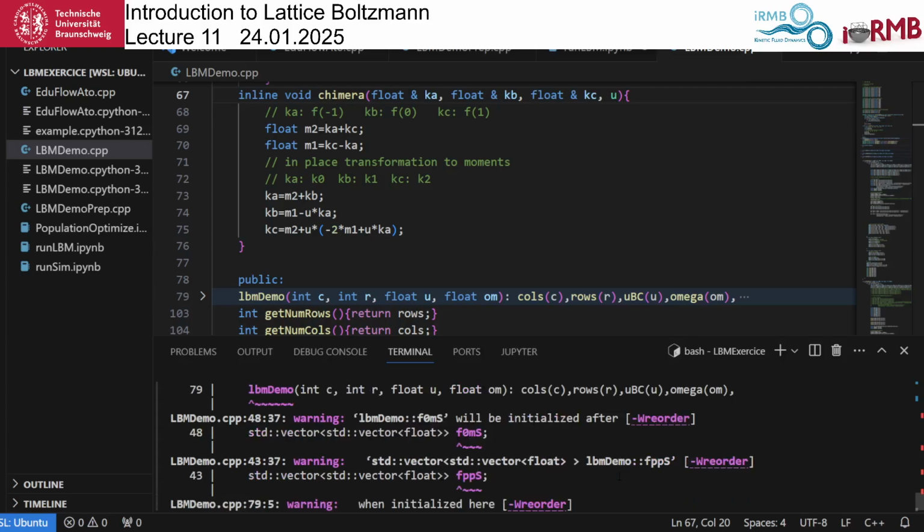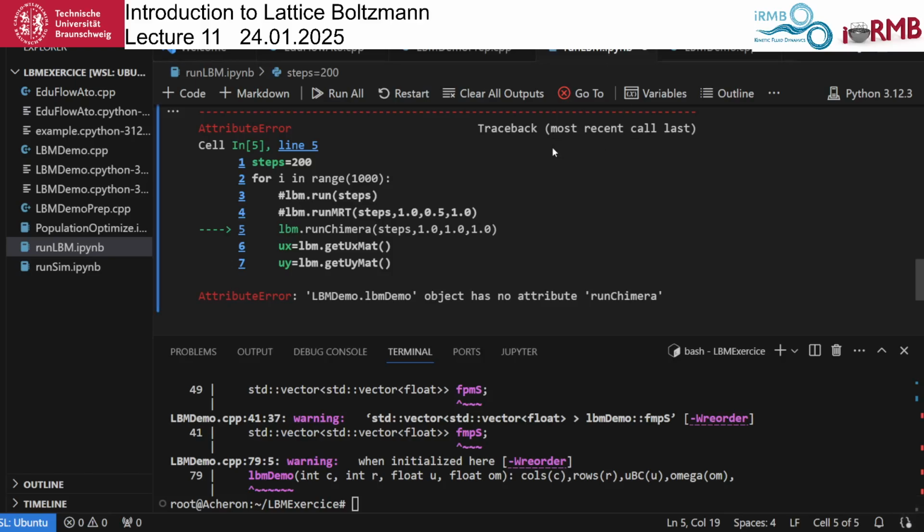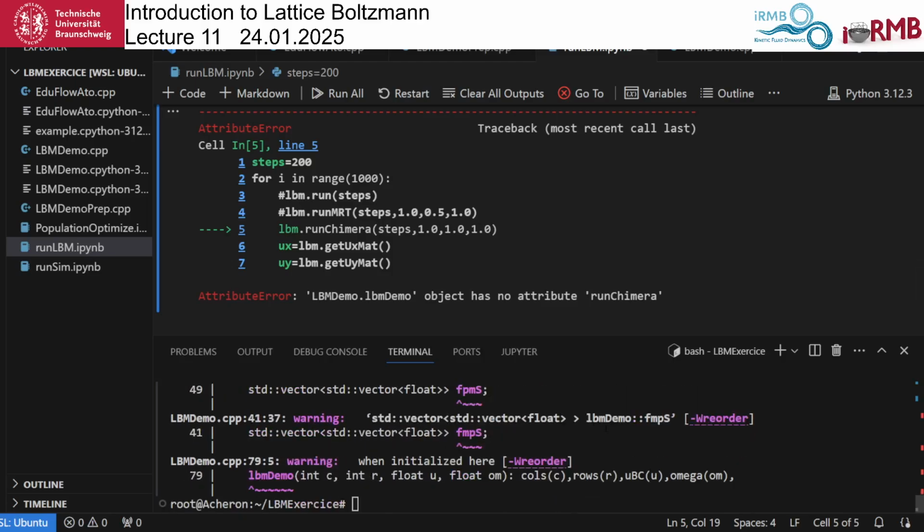So this was only the warnings. Okay, so now we got only warnings. If not repaired the warnings, restart. Run. Wait, this was only warnings. Has no attribute run Chimera.